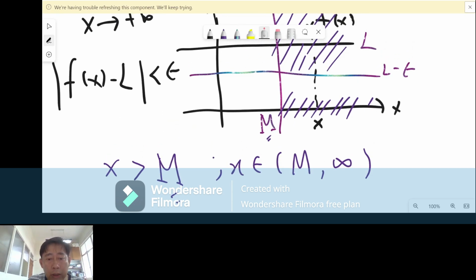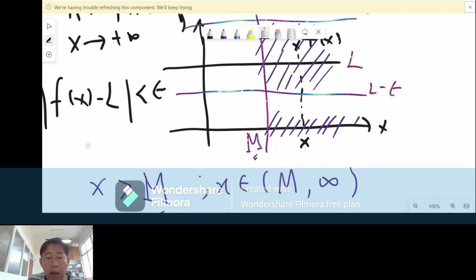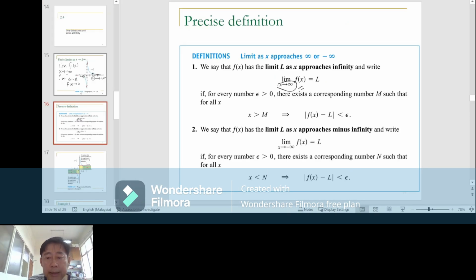Okay, so the proof of the limit of a function when x tends towards infinity amounts to proving the existence of a number m where the x that lies in these open intervals starting from m to infinity will always guarantee the condition. So that is basically the idea of the precise definition for the limit when x approaches infinity.